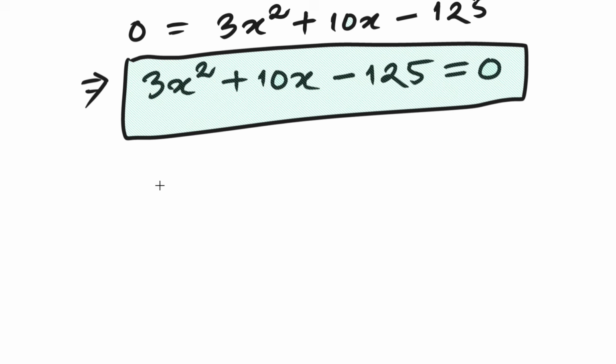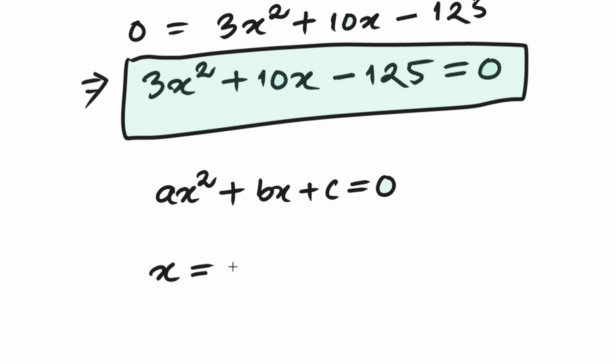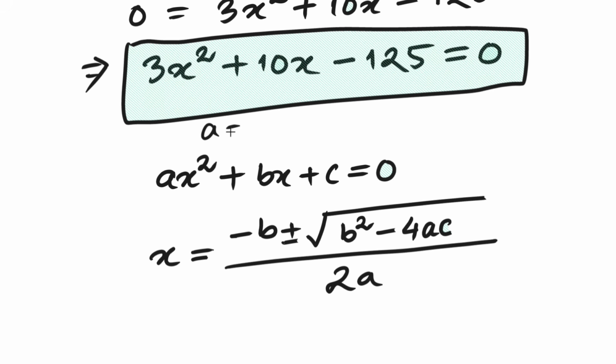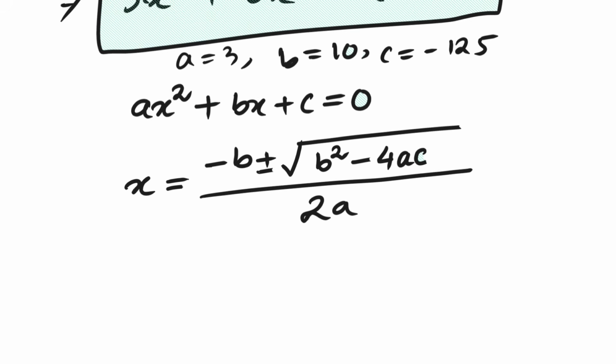Remember, for an equation of the form ax squared plus bx plus c equals 0, the quadratic formula says x equals negative b plus or minus the square root of b squared minus 4ac, all divided by 2a. Here, a is 3, b is 10, and c is negative 125.